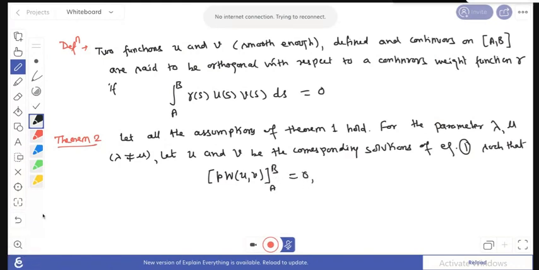So what is the W here? Where this W of u and v is the Wronskian of u and v.